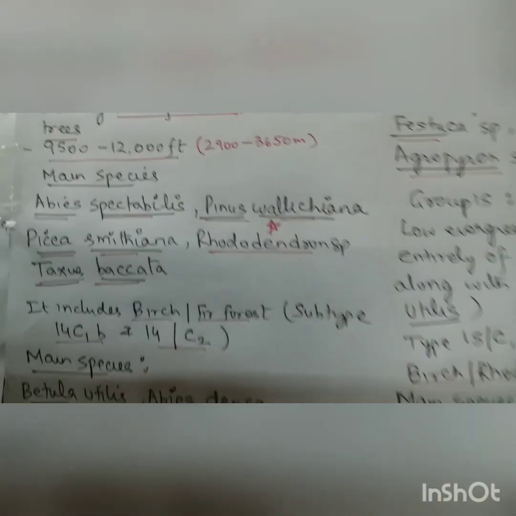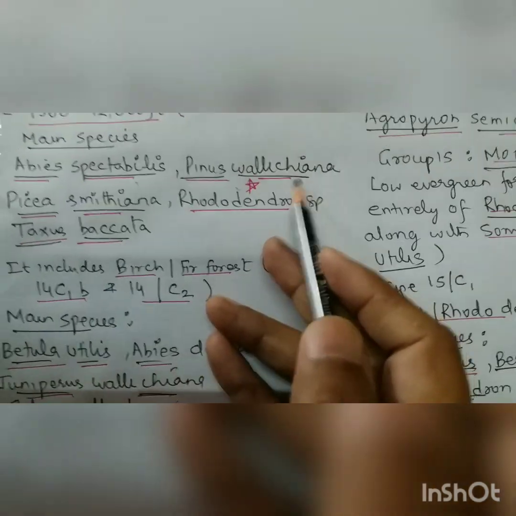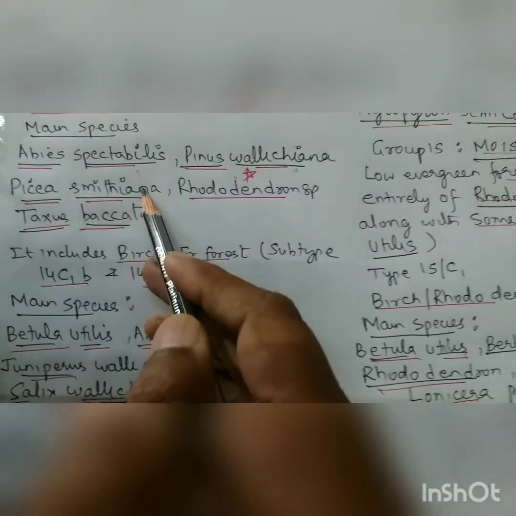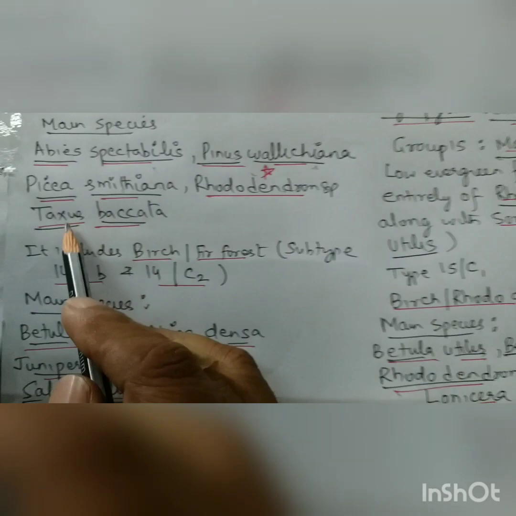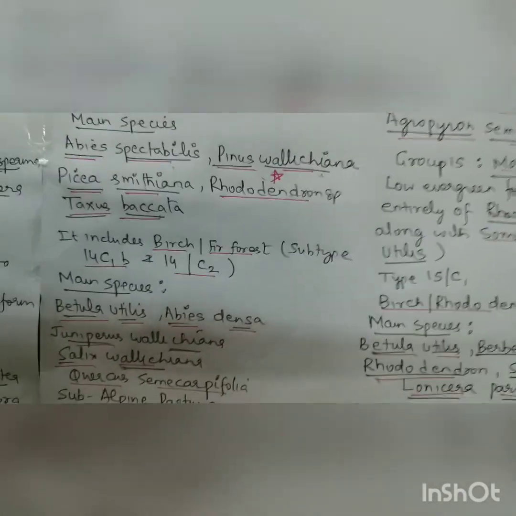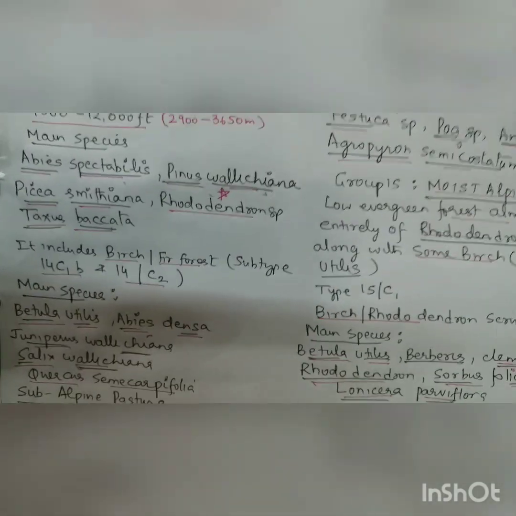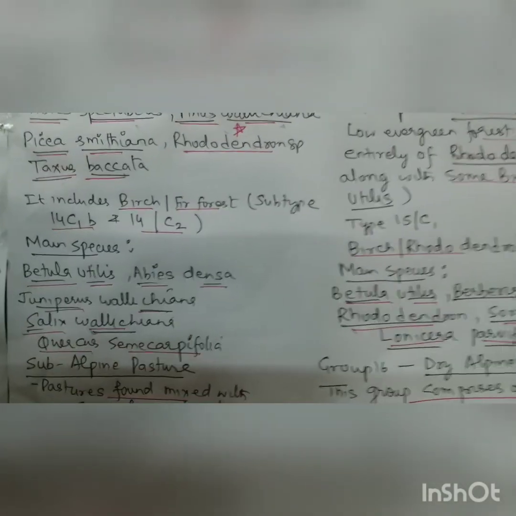The main species are Abies spectabilis, Pinus wallichiana, Picea smithiana, Rhododendron, Taxus baccata. And this Taxus baccata is a very important species, because it has anti-cancerous properties.